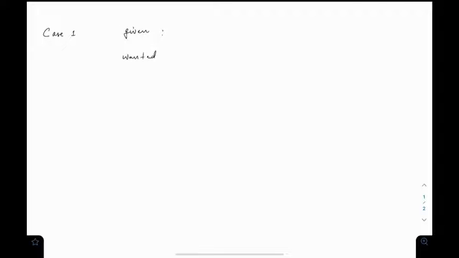So the first case would be that we have a number of alternate hypotheses. Let's say we denote them by Hi, and what we want is to figure out the relative probabilities for the validity of these hypotheses.